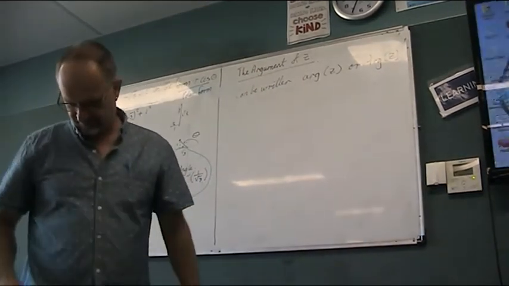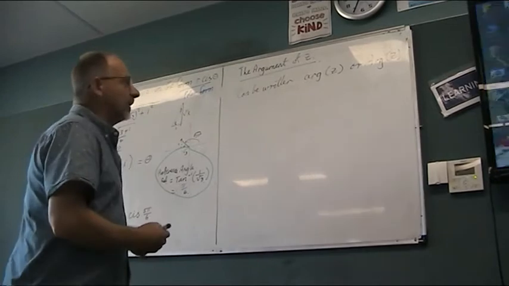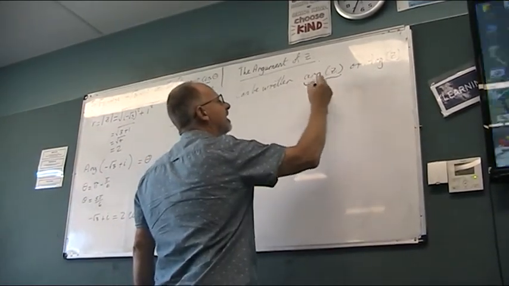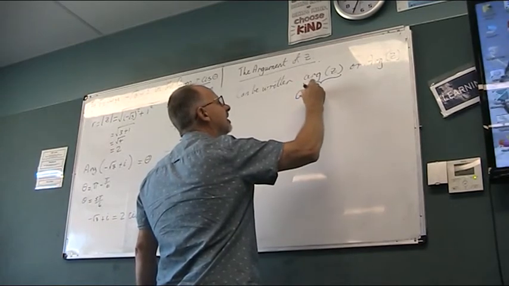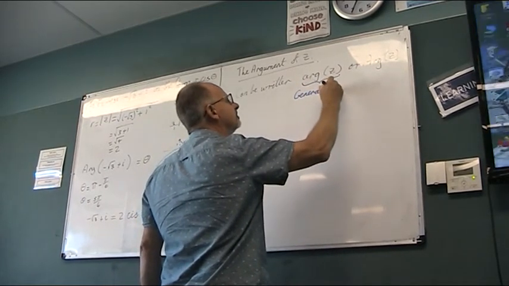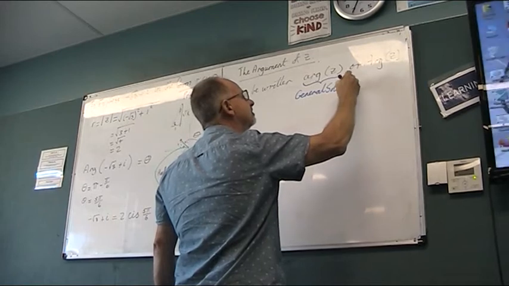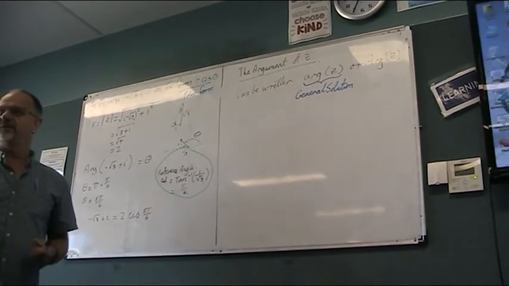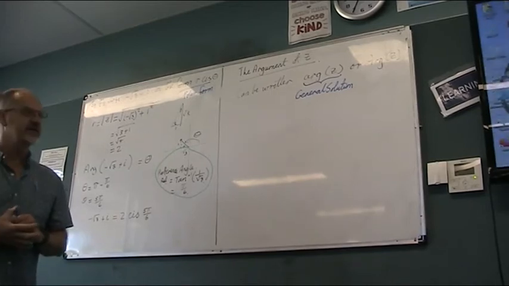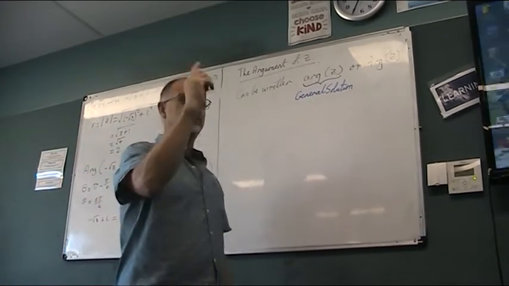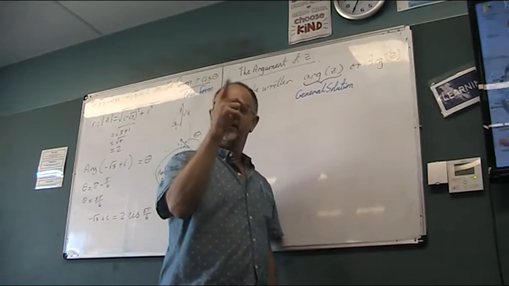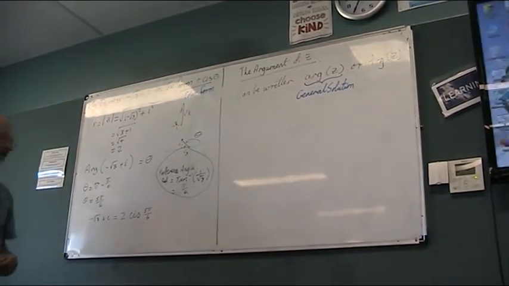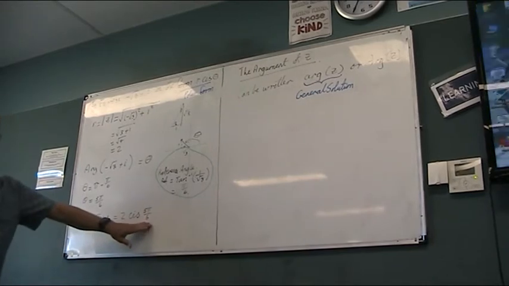Now, with this little a, it is a general solution. You remember when solving the trig equations, general solution, we just keep spinning around in circles. So that would be the little a. The big A would be like what I've done over here in this example.